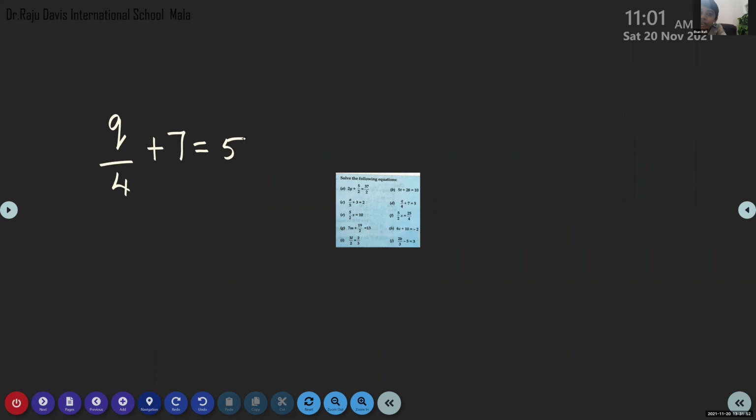Anna, come on. Yes, ma'am. So first, q by 4 equals 5 minus 7. Correct. Next, so q by 4 is equal to how much? Negative 2. Very good. So q by 4 is equal to negative 2.